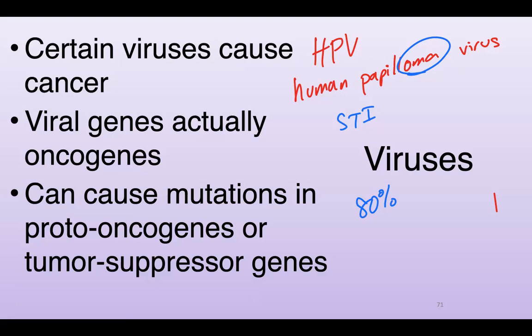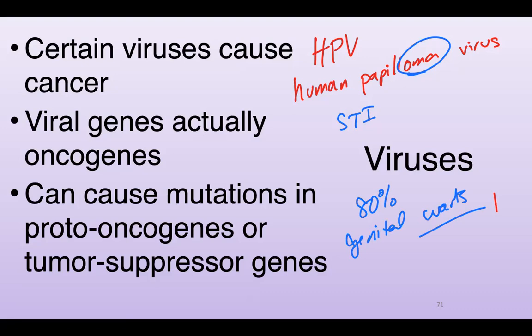Now, the normal symptoms of HPV are that it causes genital warts. A wart is basically a skin bump, and genitals are obviously like penis and vagina. So you get warts on your penis or on your vagina. But for males particularly, it's almost always asymptomatic, so you don't even know that you have it.